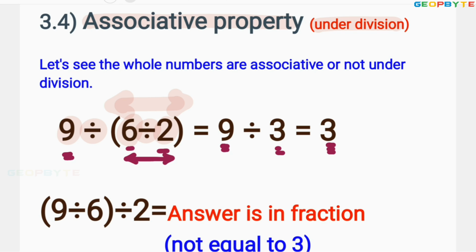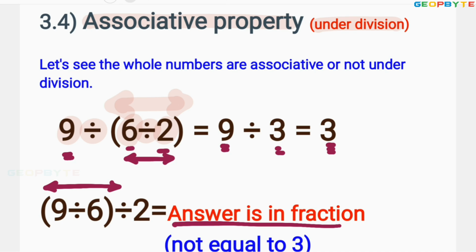But if I change the bracket position from 6 divided by 2 to 9 divided by 6, (9 divided by 6) divided by 2 is a fractional value. Fractional values are not coming under whole numbers.